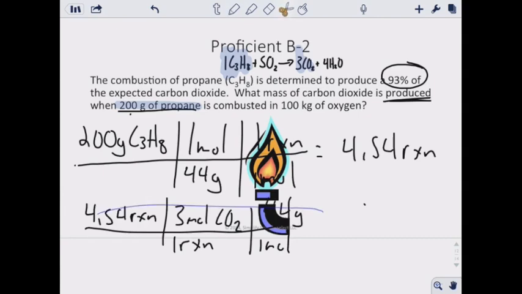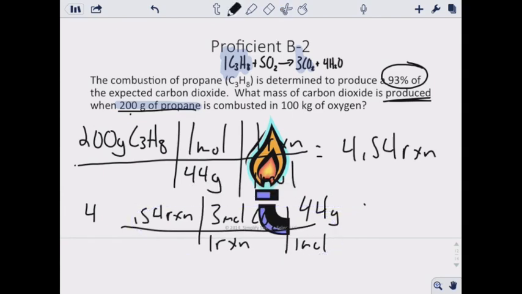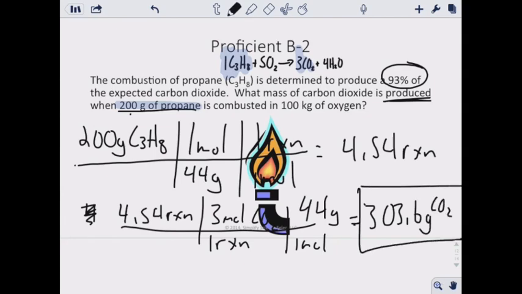Scoot that over so you can see it a little better. And so we multiply this out and we'll produce a theoretical yield of right around 303.6 grams of CO2. And so when we're looking at this, 303 grams of CO2, we have a 93% yield.